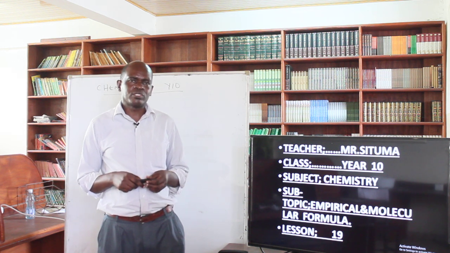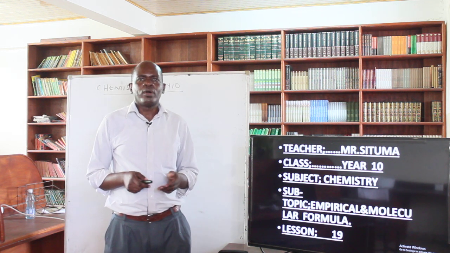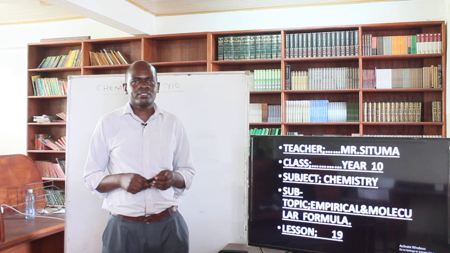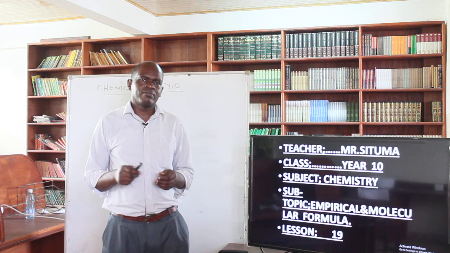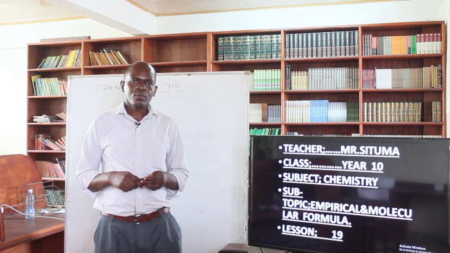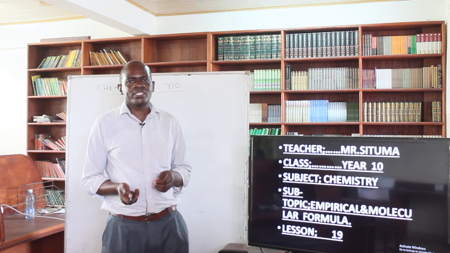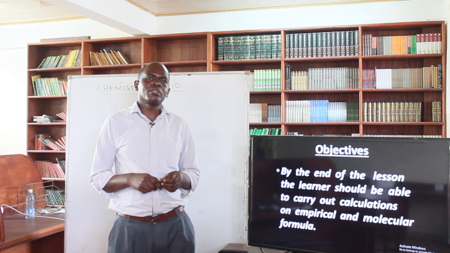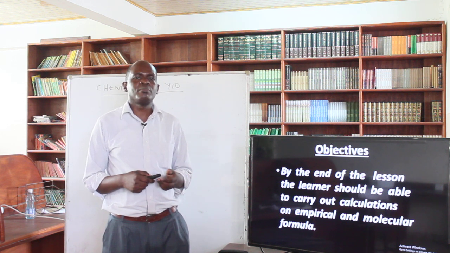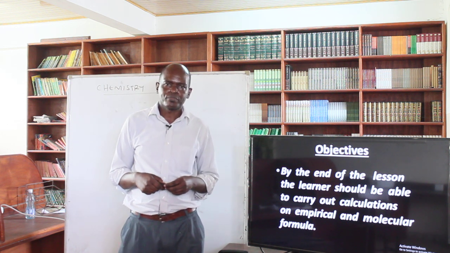Now, those are so many particles. But now, as we look at that, now that we have identified the atomic masses and the molecular masses, and have also identified the number of particles in those particular areas, we now want to advance this and look at the determination of the empirical formula and the molecular formula.